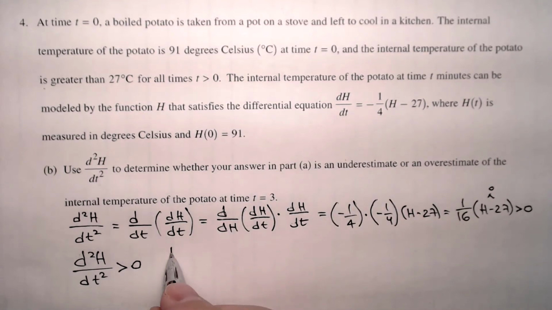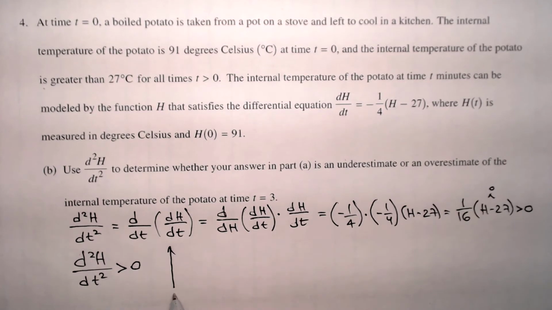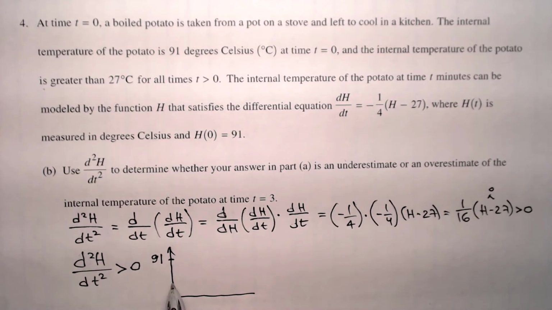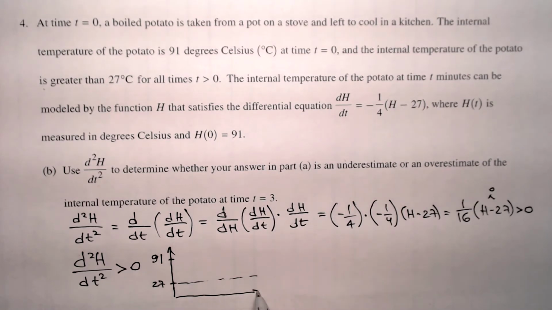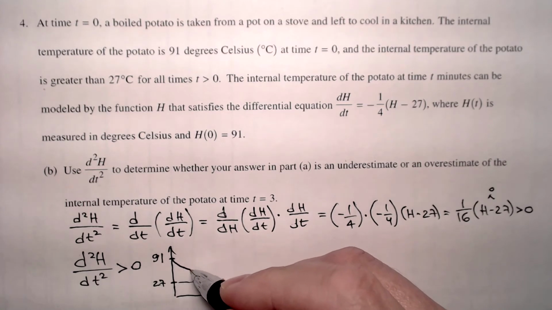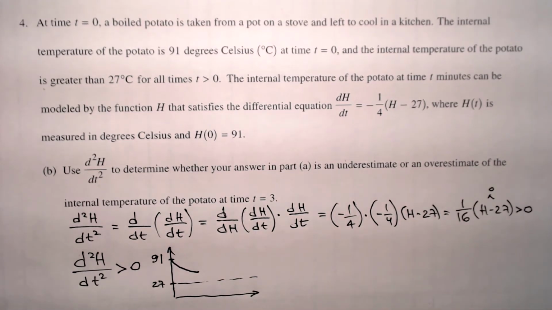So really, we can just draw this a little bit like this to imagine. This is point 91. This is somewhere here, point 27. And then we know that the graph never goes below 27. So this function is decreasing, but somehow concave like that, right?